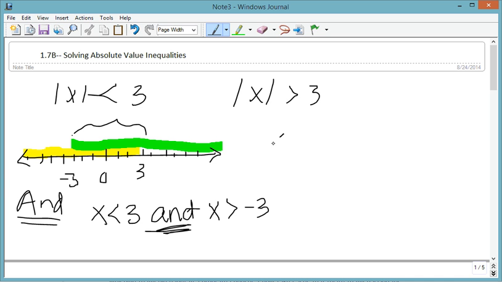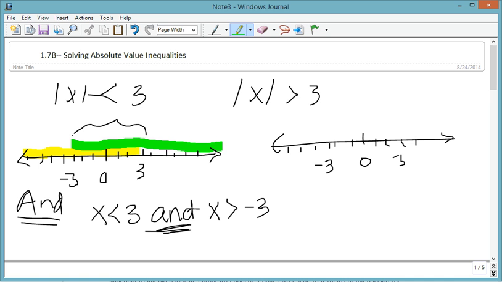Okay, now let's look at the number line with a greater than 3.